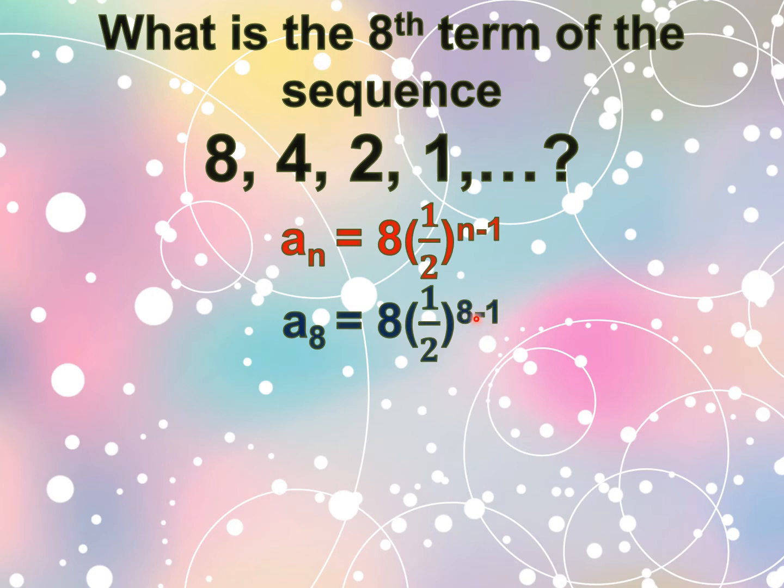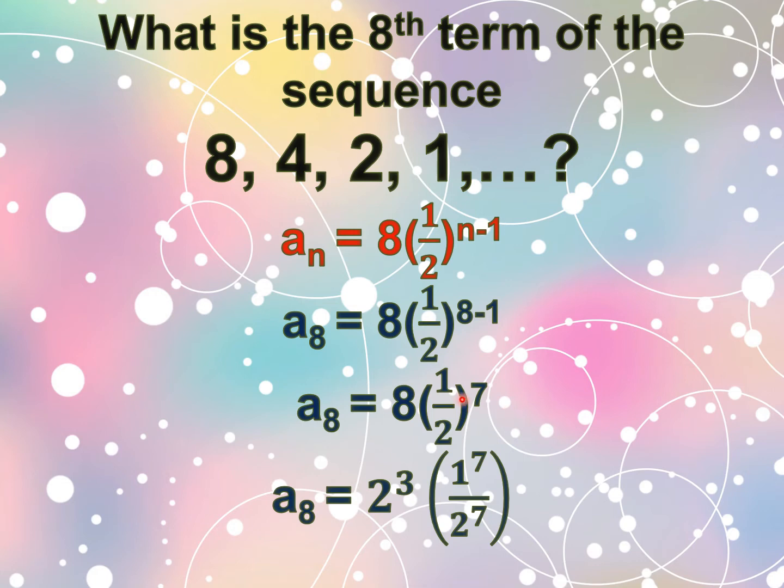And then, simplify natin tong 8 minus 1, that is 7. So, since fraction ang ating base, i-distribute lang natin yung exponent both sa numerator and denominator. So, magiging 1 raised to 7 over 2 raised to 7. And saan naman nanggaling yung 2 raised to 3?